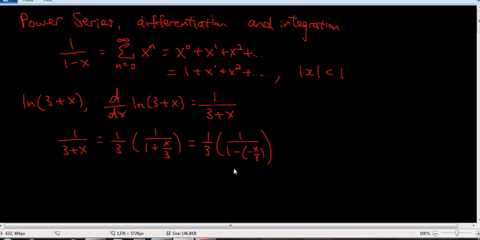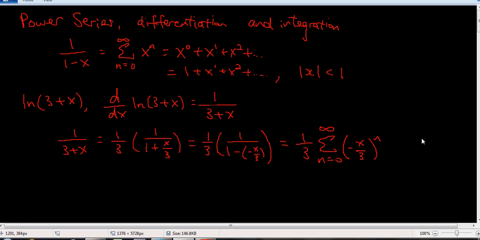So discounting the third and just looking at what's inside the bracket, these two are identical, except for x now being negative x over 3. So I could just apply this formula. And so I get 1/3 times the sum of n equals 0 to infinity, but I don't have x to the n. I have negative x over 3 to the n.